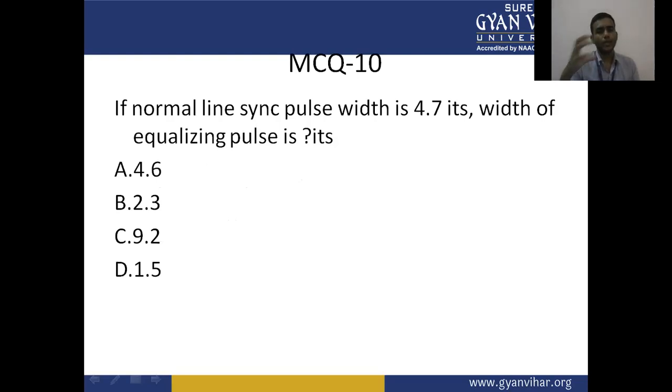If a normal line sync pulse width is 4.78, the width of the equalizing pulse is, A, 4.6, B, 2.3, C, 9.2, and D, 1.5.